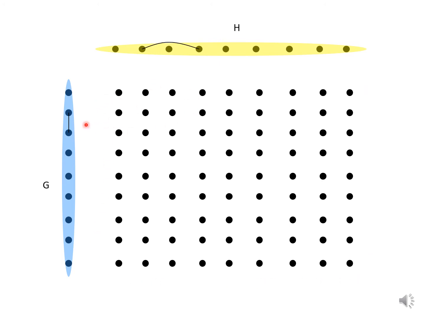The edges are formed in this way. You take an edge of G, take an edge of H, and then you get two edges in the product. So this is adjacent to these because their first coordinate is adjacent, and the second coordinate is also adjacent. Each edge of the product graph came in this way.